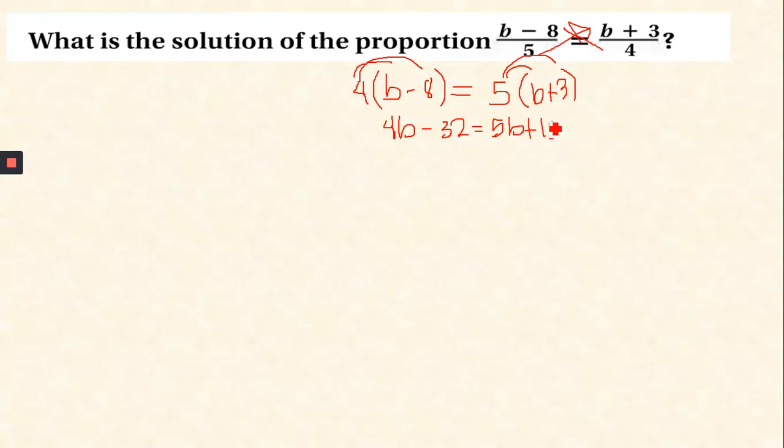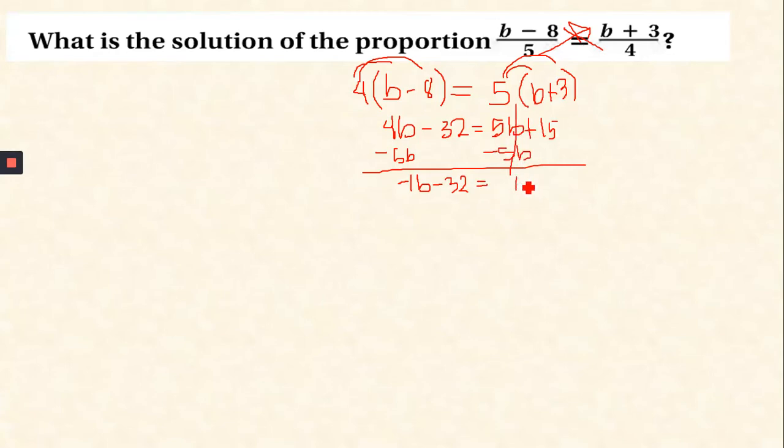Then after that, we're now going to combine similar terms. We're going to move 5b to the left side of the equation. So we need to get the opposite, that is negative 5b. So you're going to write negative 5b on both sides of the equation. 4b plus negative 5b is equal to negative 1b, minus 32, is equal to 5b plus negative 5b, that is 0.